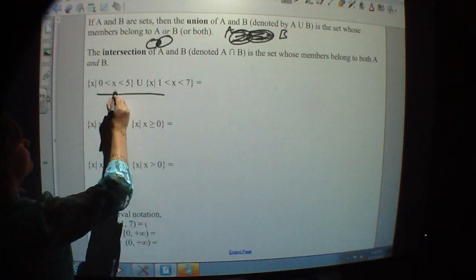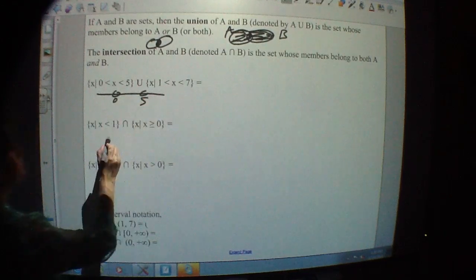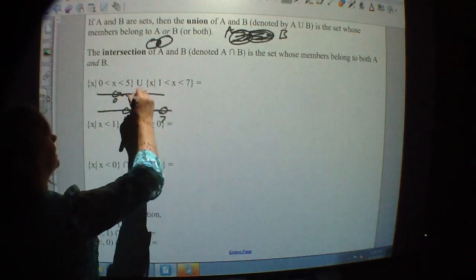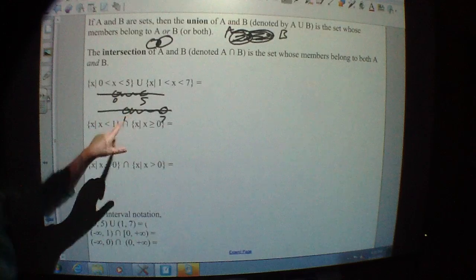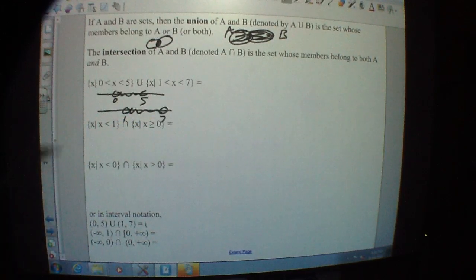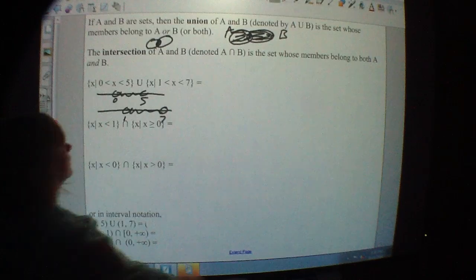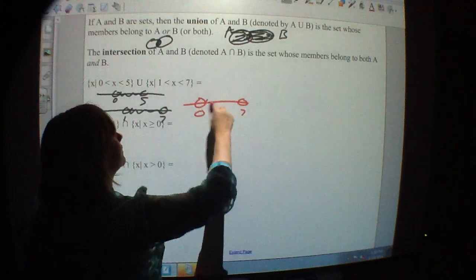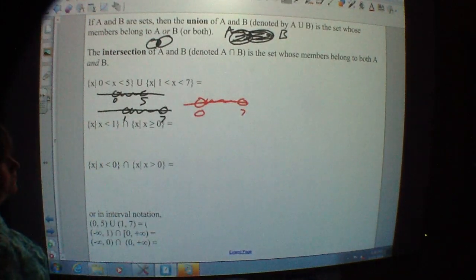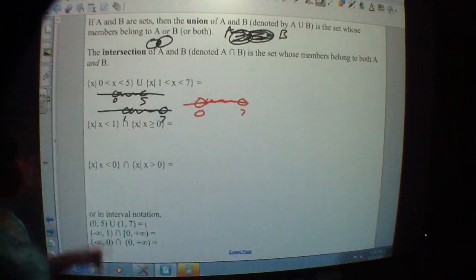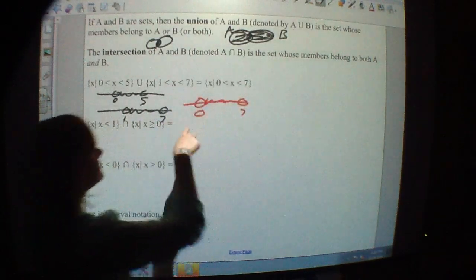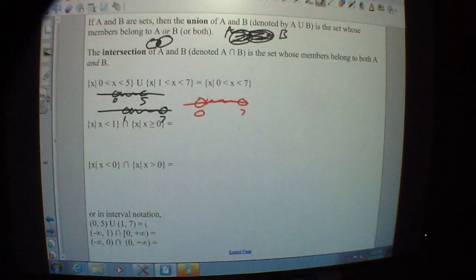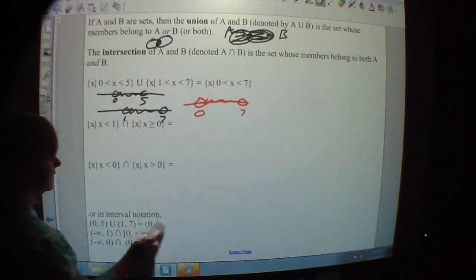So if I were going to graph it, 0 to 5, 1 to 7. And there's what the graph looks like. Here's 0 to 5, here's 1 to 7. So if I take both those graphs and put them together, the result will be from 0 to 7. So that's what it looks like. So now you can write x such that 0 is less than x is less than 7. Or if you're going to write an interval notation, it would be a left parenthesis, 0 comma 7.